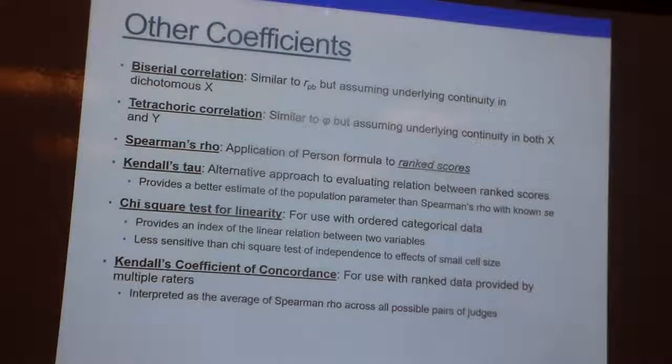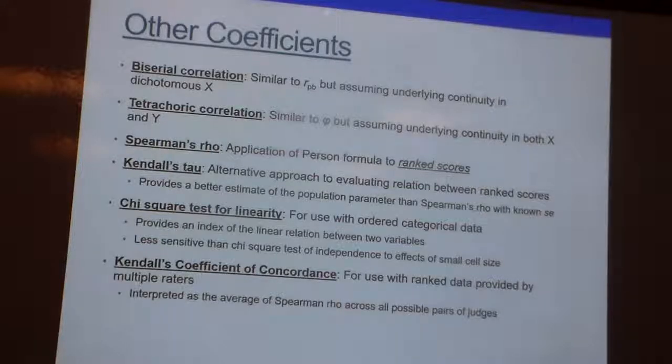So it's not a true continuous scale, right? If we wanted to run a correlation between ranked scores, technically we should probably be thinking about a Spearman rho or a Kendall's tau alternative to looking at a relation between ranked scores. A little bit better estimate, right? Chi-square test for linearity, ordered categorical data, right?